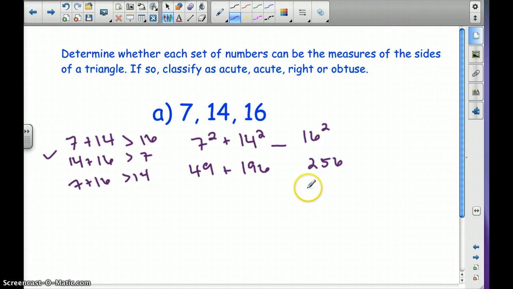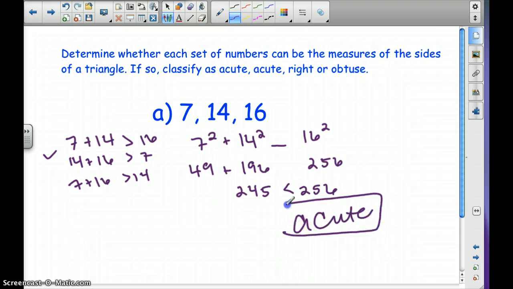So what do we know here? 196 plus 49 is going to be 245. So 245 is less than 256. So based on our theorems, this is going to be an acute triangle because it's less than the longest side squared.